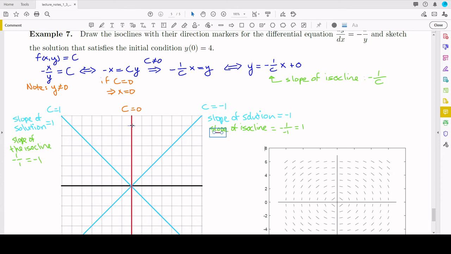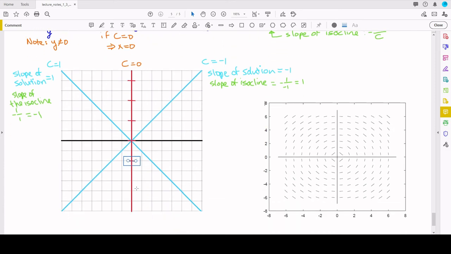So here, let's put a couple of those. So I hope you get the picture here for this isocline where c is 0.